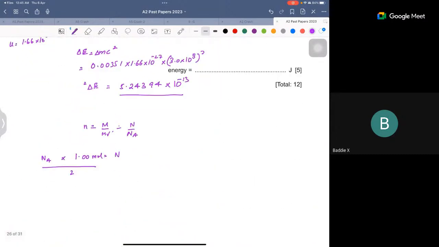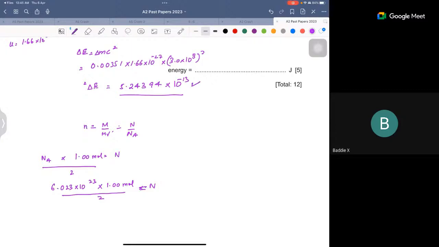That means it's going to be 6.023 times 10 raised to power 23, multiplied by 1 mole, divided by 2 because there were 2 particles, and this will give me the total number of N's that are formed, and each N will release this much energy.